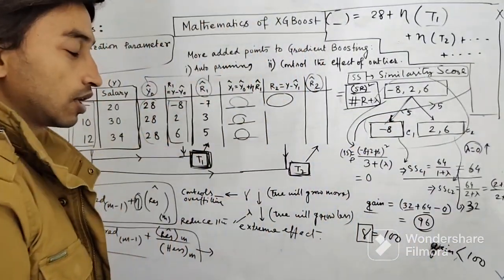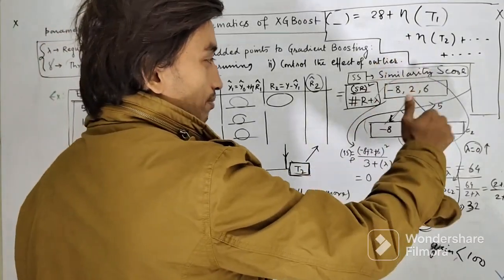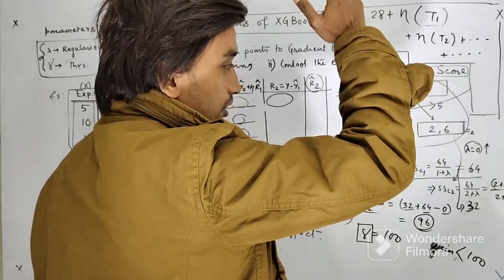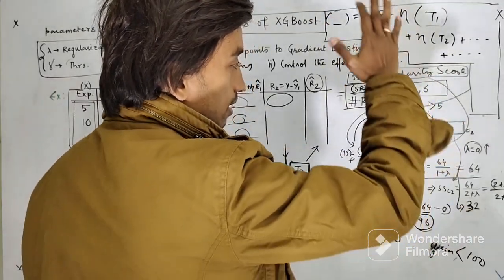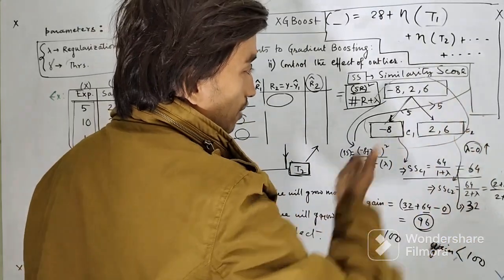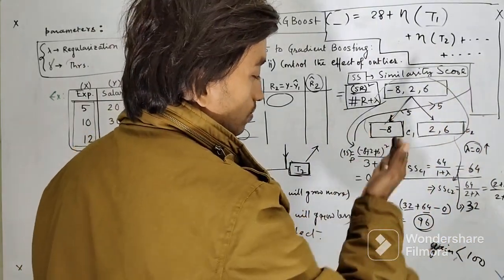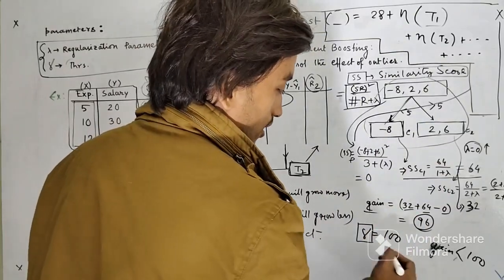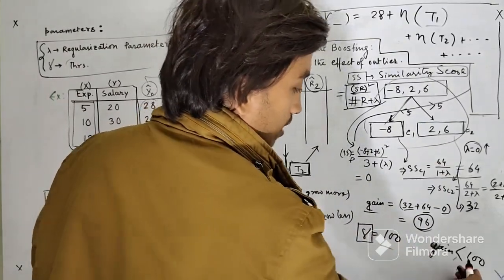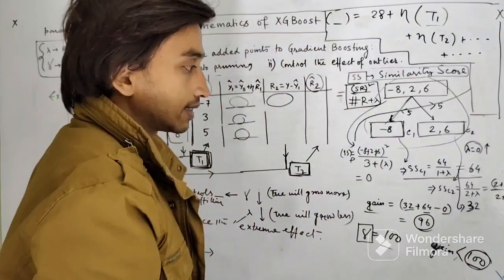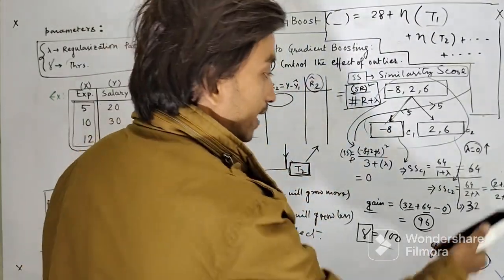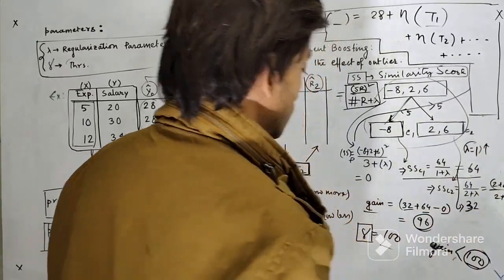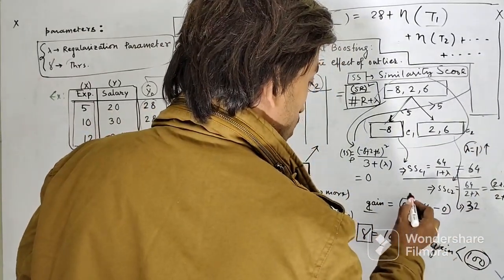I have taken a simple construct over here. If we go for larger constructs with many branches, we'll figure out from this how to cut all those branches. So, if we increase lambda, what will happen? These values will go down.